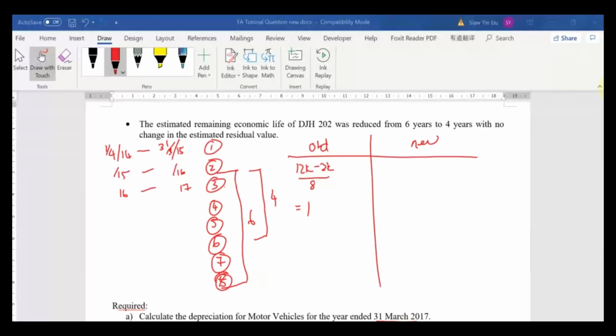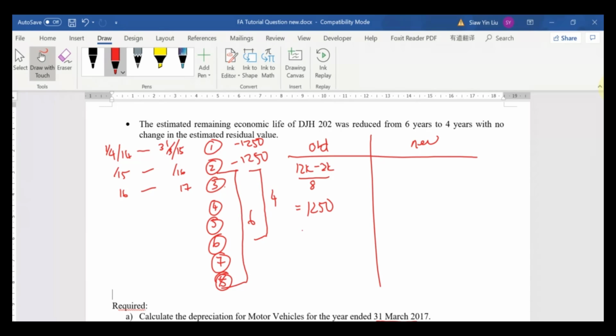Okay, so for the first year, minus 1,250, second year, minus 1,250.